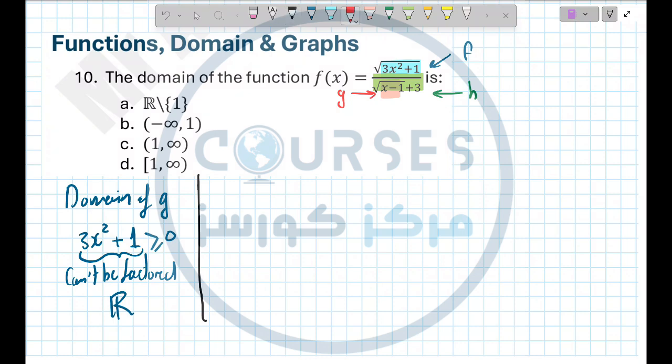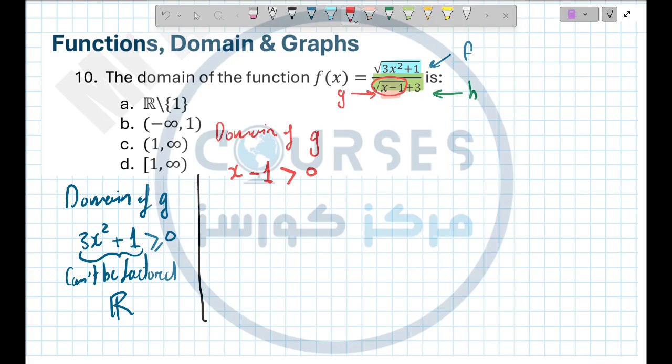Okay, let's do g. So domain of g is just the square root underneath, so it's gonna be x minus 1 greater than or equal to 0. Why greater than or equal? You're gonna tell me, mister, because it's in the denominator, it cannot be equal to 0. But in here, the root isn't the entire denominator.